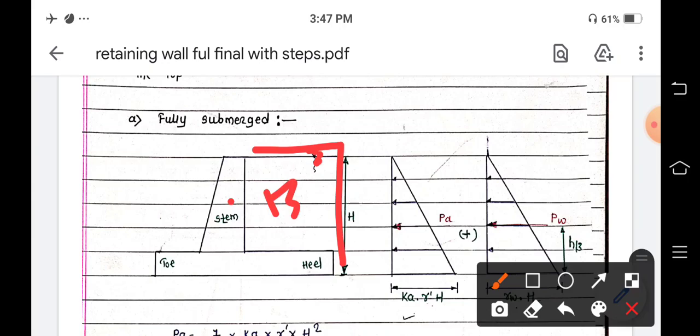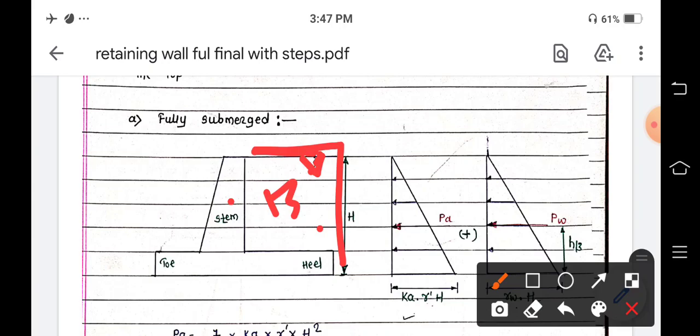But this backfill contains soil as well as water, so now we have to calculate the active earth pressure for the soil and for the water separately. First calculate for soil only, and then calculate for water only.